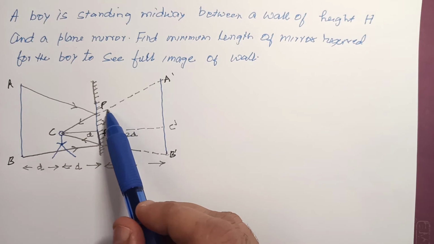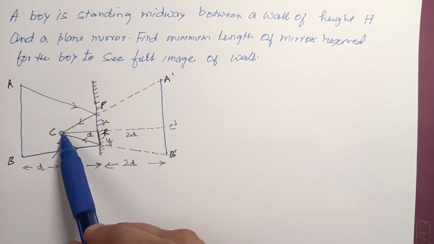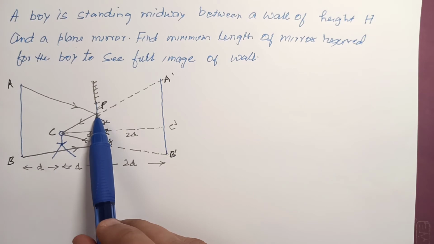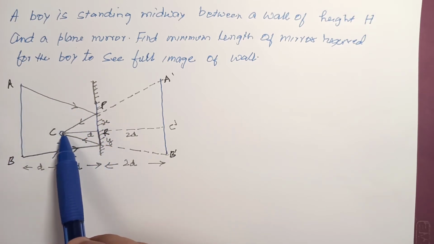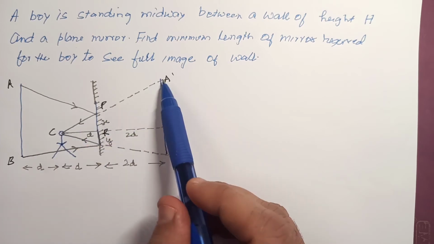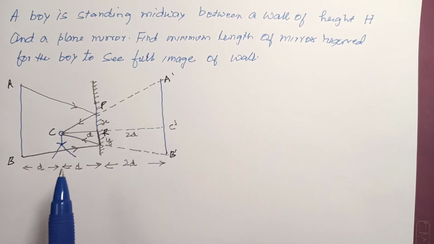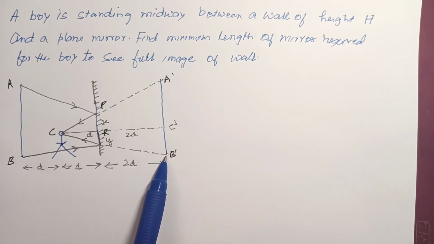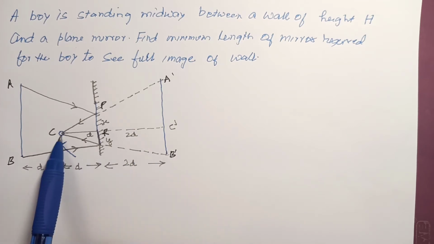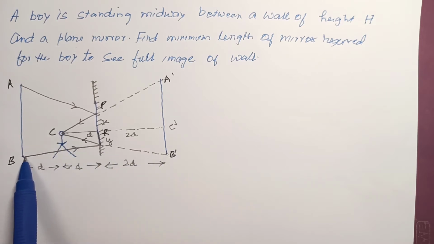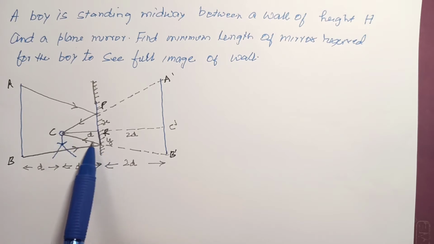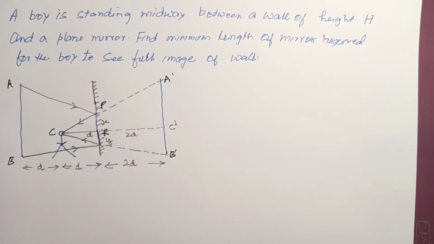From here it is just an illusion: the light is actually coming from here and gets diverted this way, but this guy will feel that it is coming from here. In the same way, for the bottommost corner of the wall, we connect the ray through this line, but actually the light is coming from here and turns here, right?